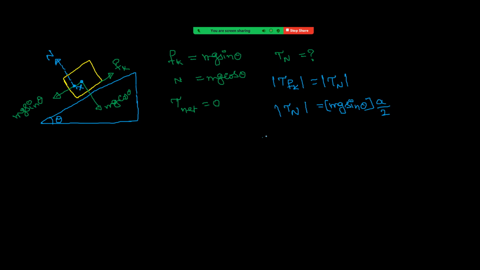We know N equals mg cos theta, so mg cos theta into x equals mg sin theta into a by 2. mg cancels, x equals a by 2 into tan theta. So if they ask by what distance normal reaction has shifted down the incline, it is a by 2 tan theta.